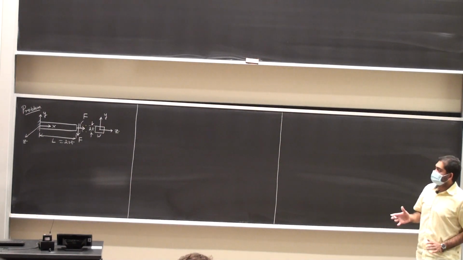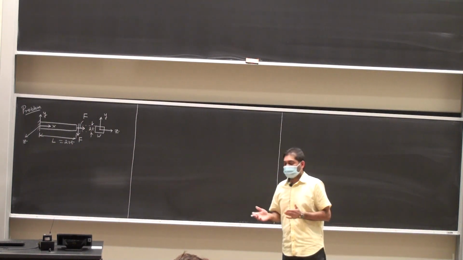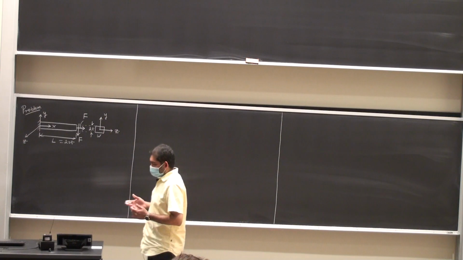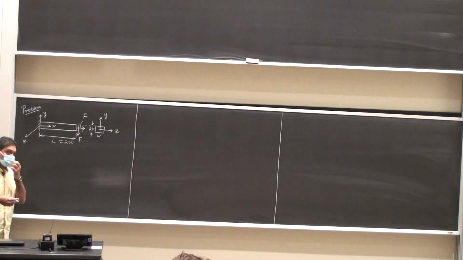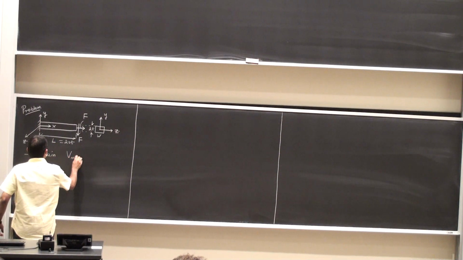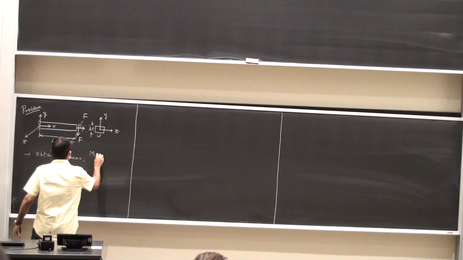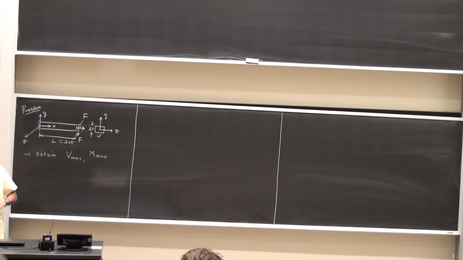We want to find out the largest value of the bending moment and the largest value of the shear force, and then, focusing on the cross section where this occurs, look at the state of stress. Vmax, based on the formula that we saw last time, which we will complete today, obtain Mmax. Then look at the cross section where this is occurring.